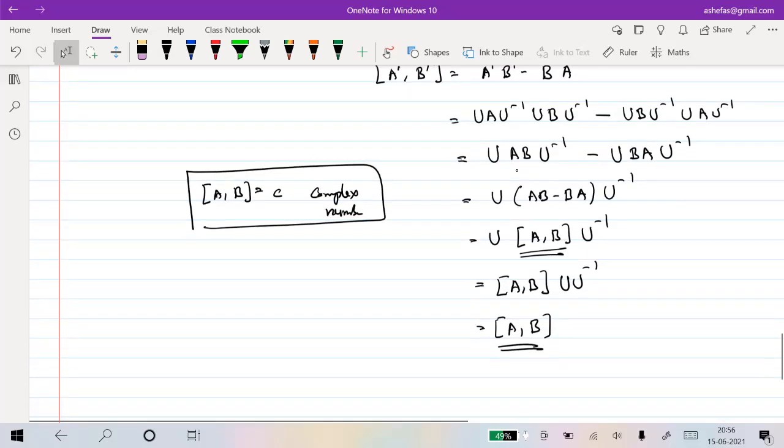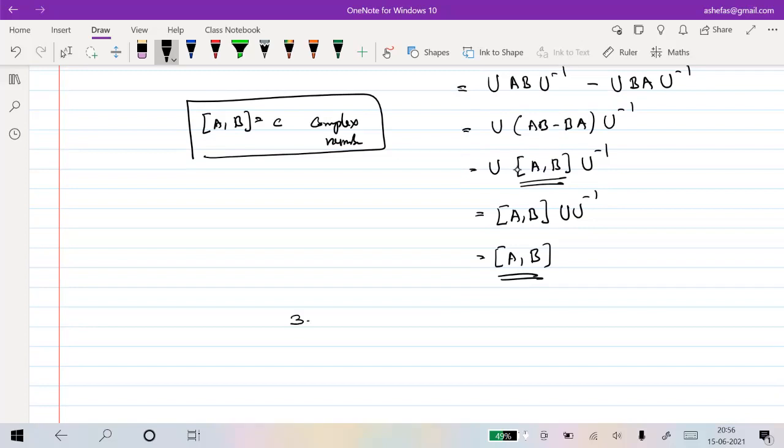Next property: (U A U dagger) all raised to n is the same as U A raised to n U dagger. The proof is very simple.